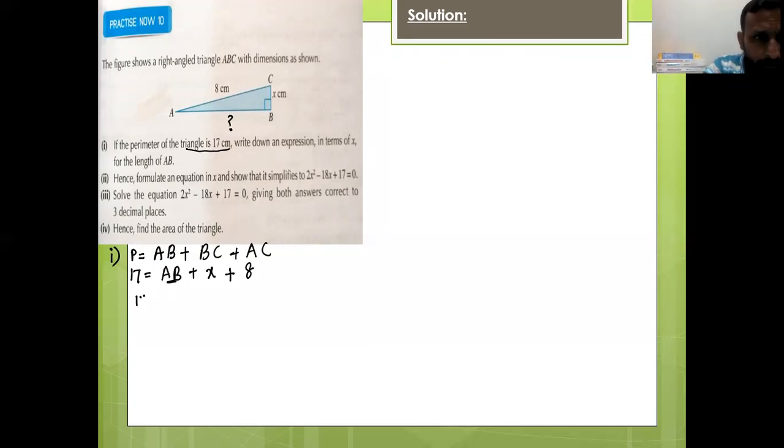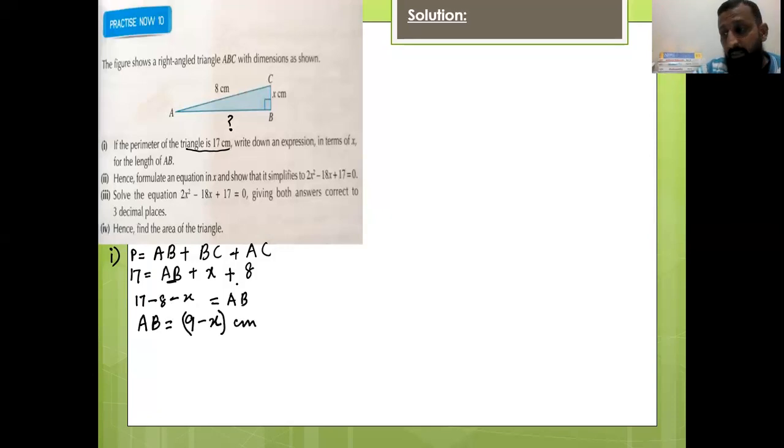So 17 minus 8 minus x equals AB. 17 minus 8 is 9, so 9 minus x. So boys and girls, this expression, 9 minus x centimeters, gives you the length AB in terms of x. In terms of x means that in the expression you should have x over there.